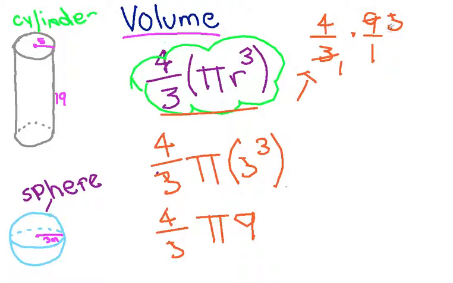So we get 4 times 9, which is 36 times pi. So that's it. The volume of the sphere is 36 pi meters cubed.